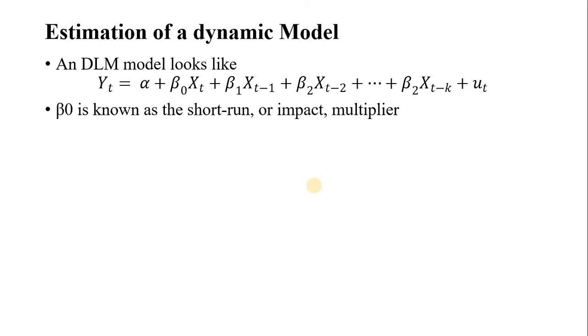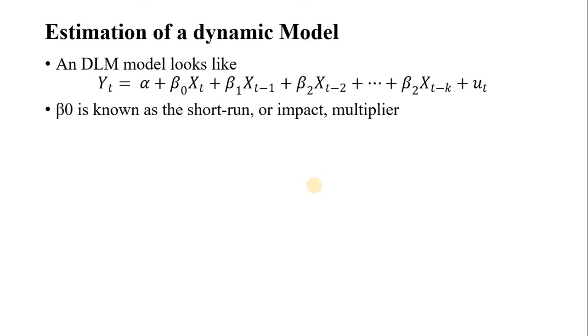In this model we will have different types of parameters. Broadly, there are two types: the intercept and the partial slope parameters. Among the slope parameters there are three different types.